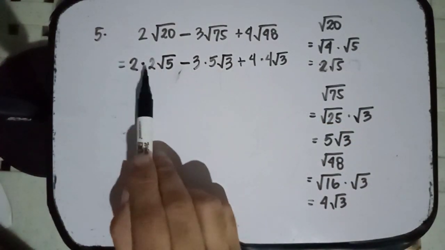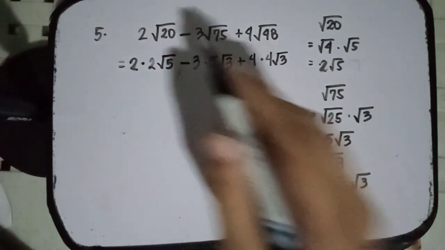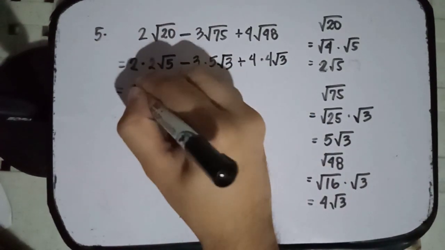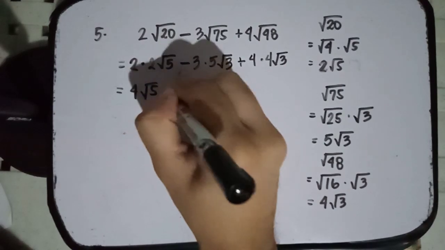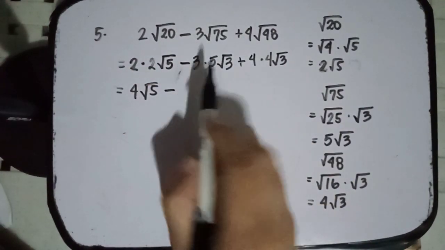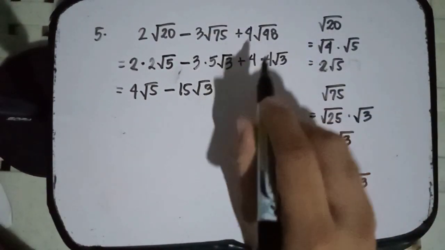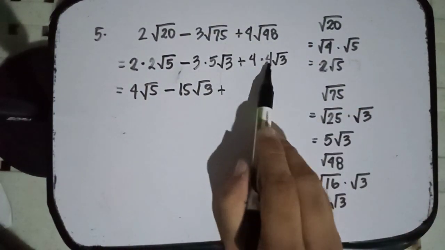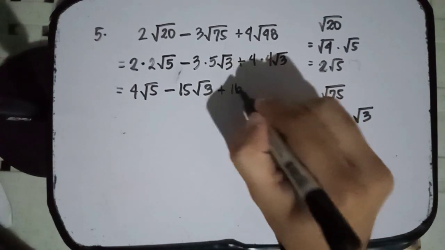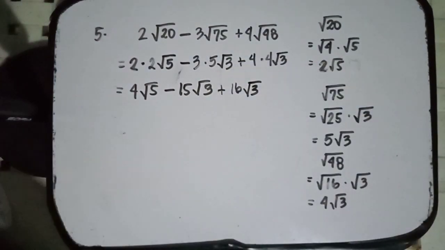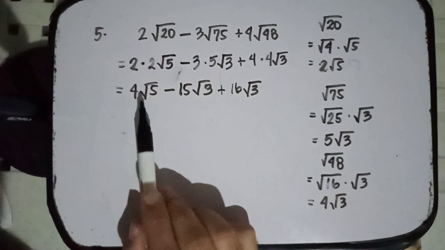So, we're going to multiply the coefficients na lang. Okay? So, 2 times 2 equals 4. Then, square root of 5 minus 3 times 5 equals 15 square root of 3. And then, plus 4 times 4 equals 16 square root of 3. Okay? So, we have square root of 5.